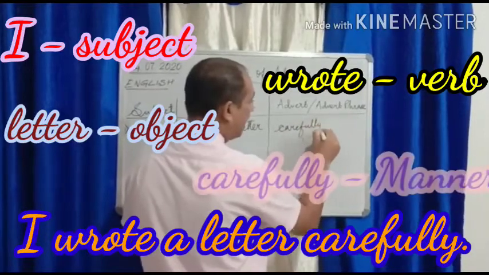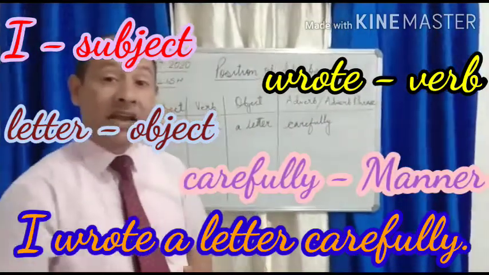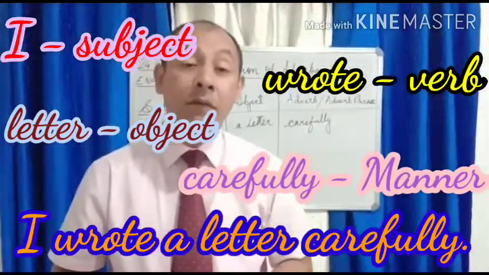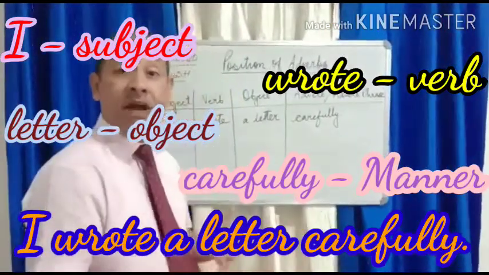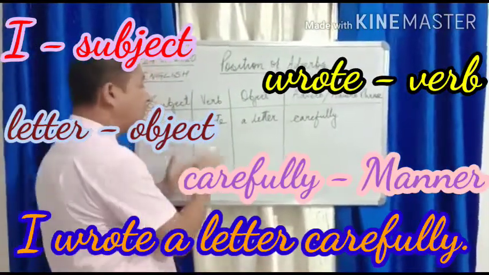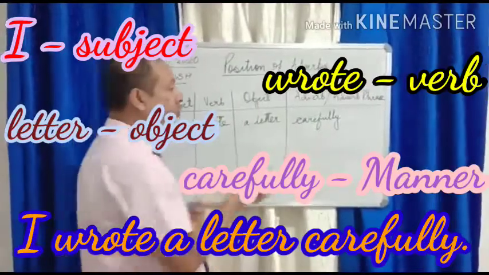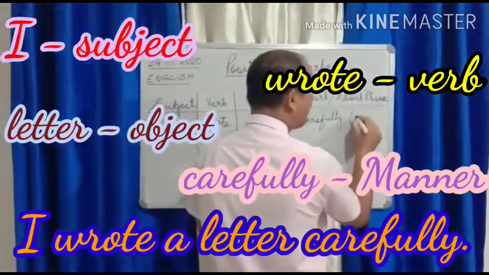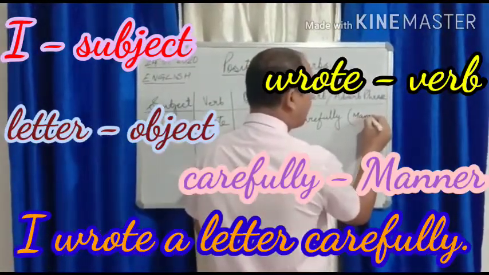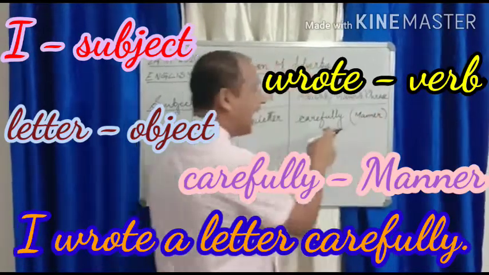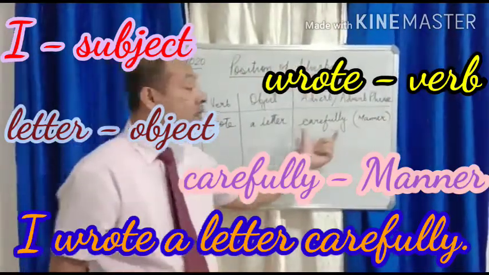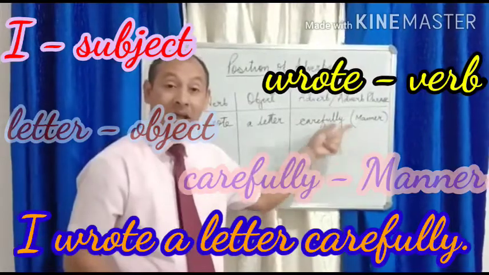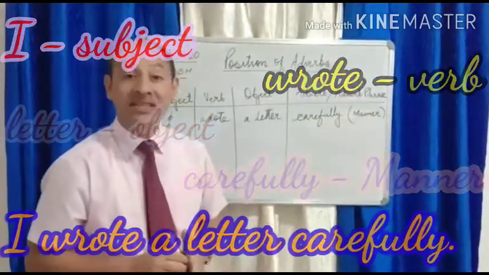But carefully is what adverb? Carefully is an adverb of manner. How did I write the letter? I wrote the letter carefully. So it becomes an adverb of manner. And in an adverb of manner, you'll find the adverb at the end of the sentence.